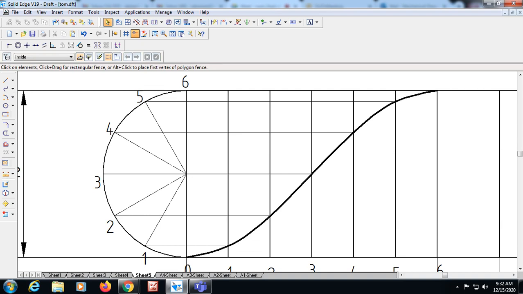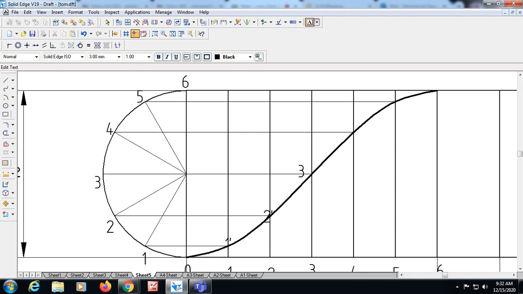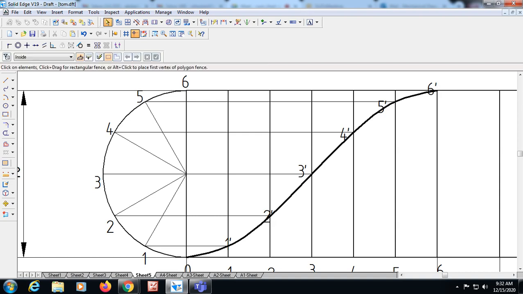Okay, so I can number this as 1 dash, 2 dash, 3 dash, 4 dash, then 5 dash, then 6 dash.